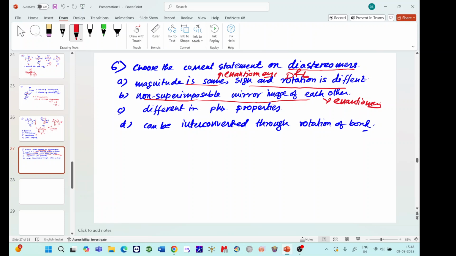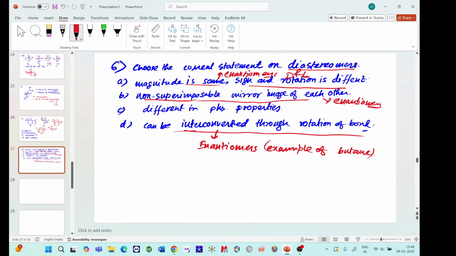Can be interconverted through rotation of bond: this is also enantiomer. We discussed the example of butane. So this will be the right option: they are different in physical properties.